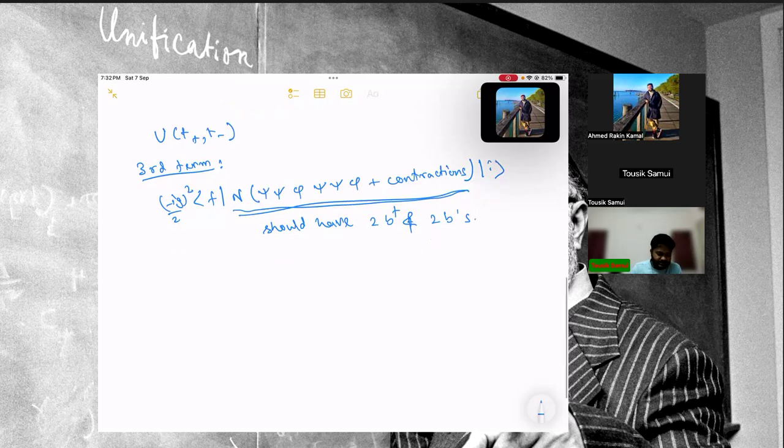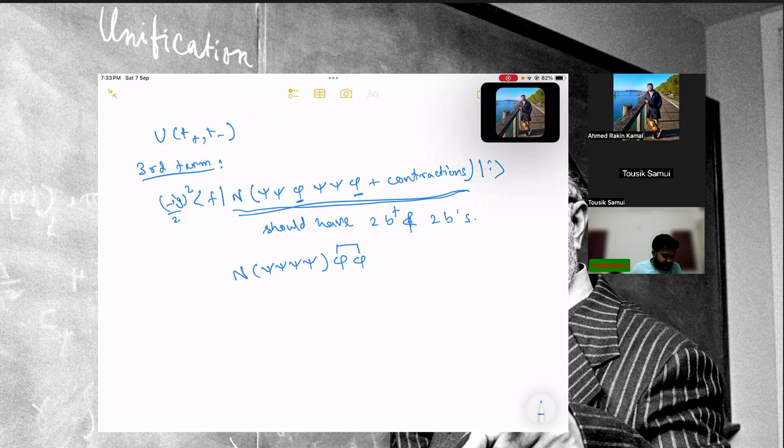First of all, any free phi's will not survive. The only thing that will survive is four psi's, and phi should be contracted out, otherwise it will not survive. That we saw last time.